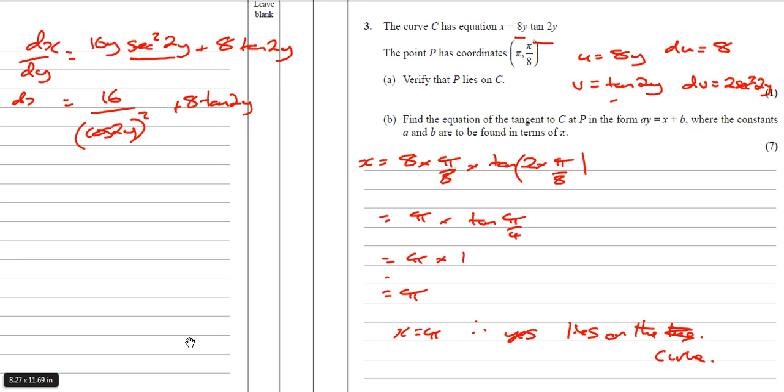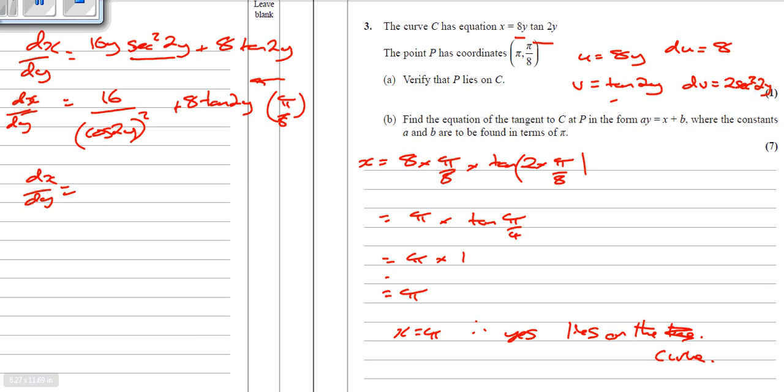And then if we substitute y into this, we get dx by dy equaling 8 plus 4 pi plus 8. So that's dx by dy, so therefore dy by dx equals 1 over 8 plus 4 pi.